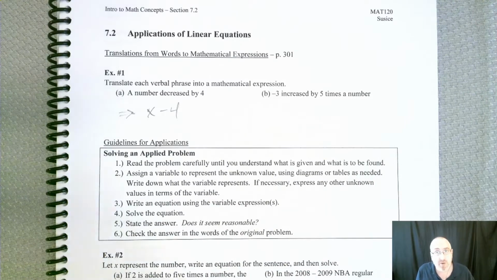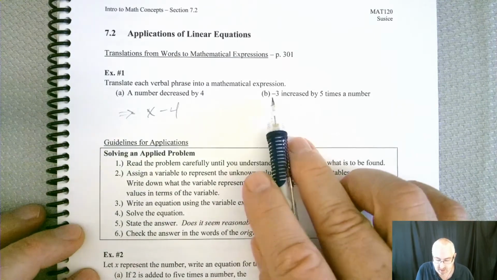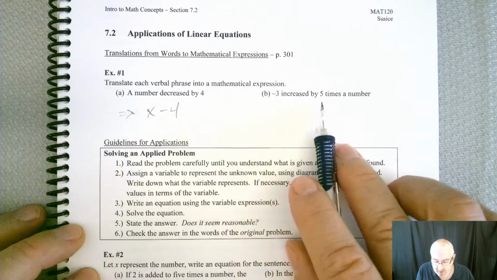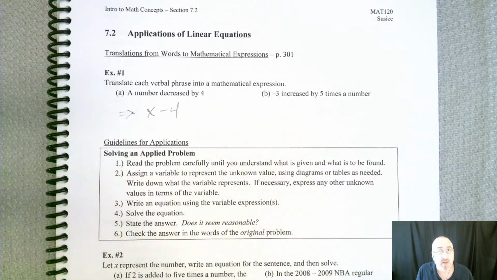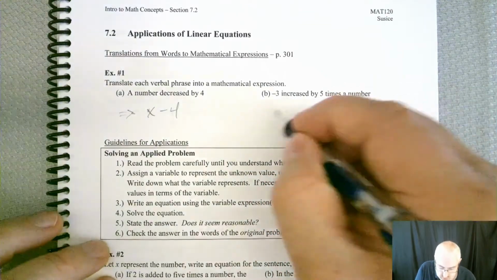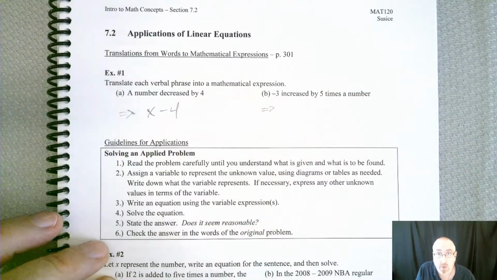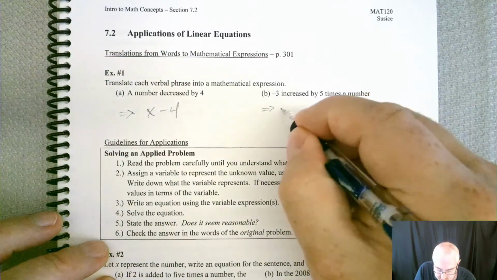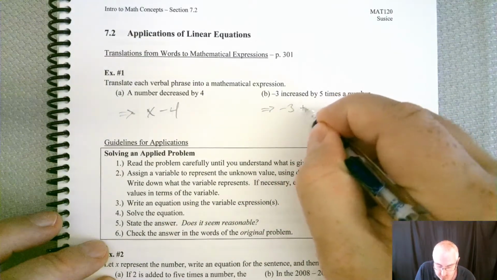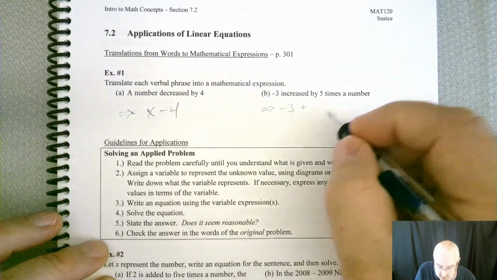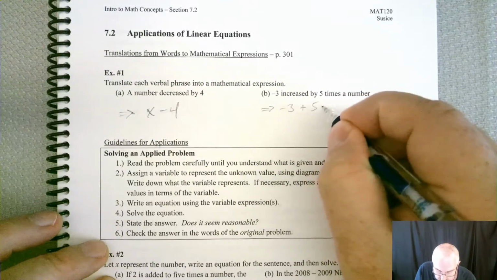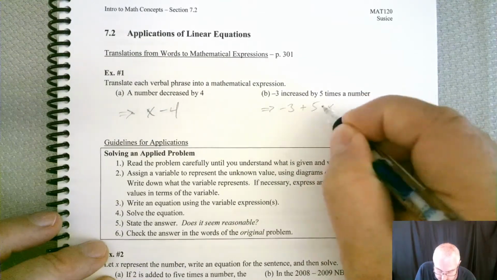Now they get more interesting as we go, obviously. -3 increased by 5 times a number. Now we can write this a few different ways. So if we just come straight down with all the translations, we would get something like -3 increased by, which is plus, 5 times a number. So 5 times x.